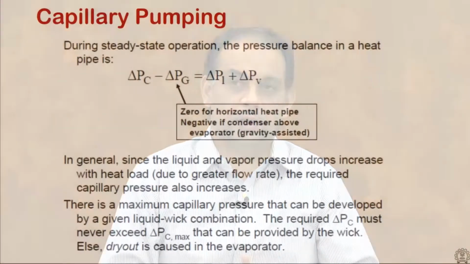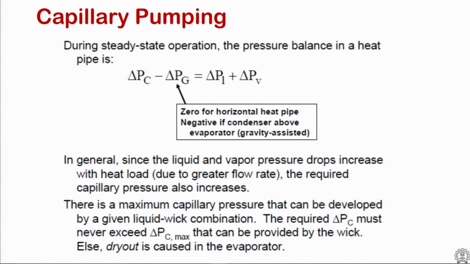So, in terms of capillary pressure, as we talked about, the capillary pressure is modulated by gravity. Gravity, if the heat pipe is placed horizontally, is equal to 0, but gravity can oppose the capillary pressure or assist it depending on the orientation of the heat pipe, and it is balanced by the pressure drop in the liquid region and the vapor region.